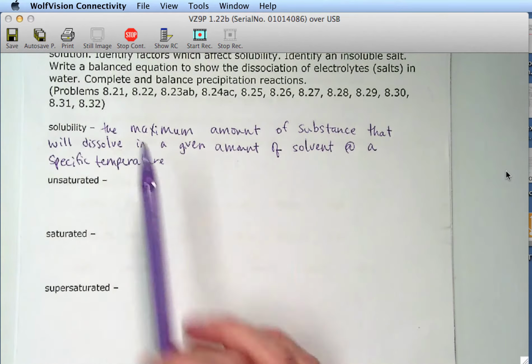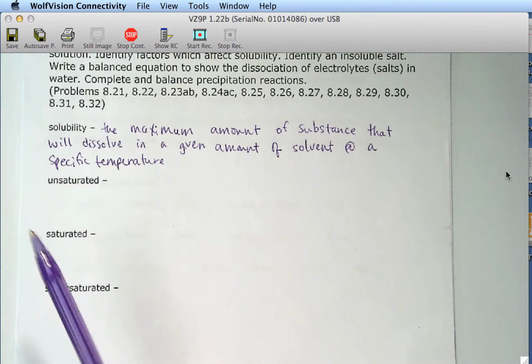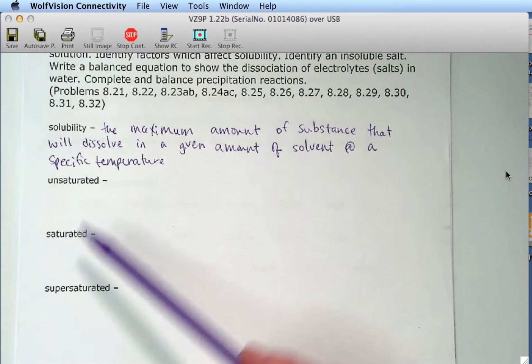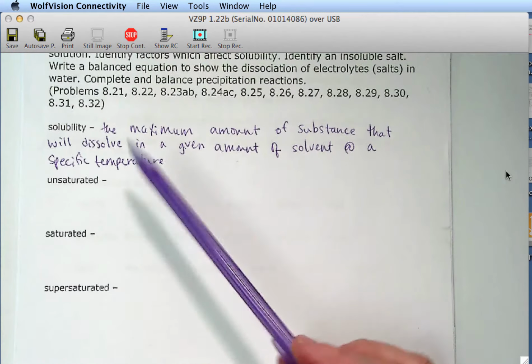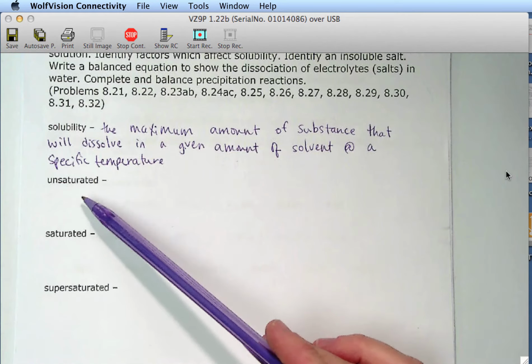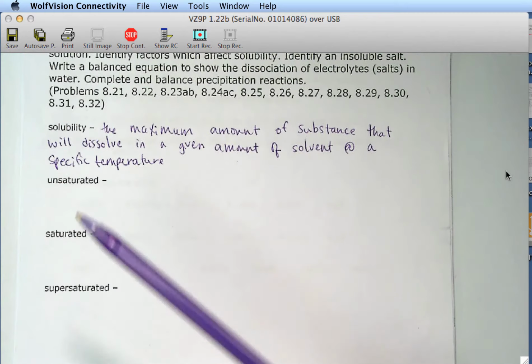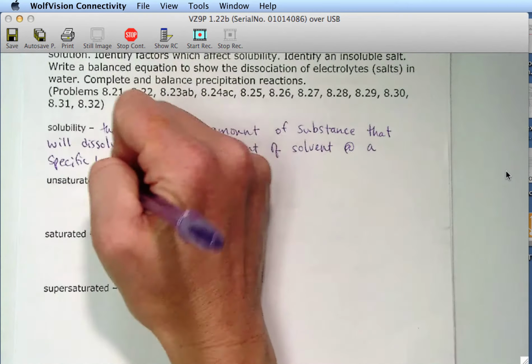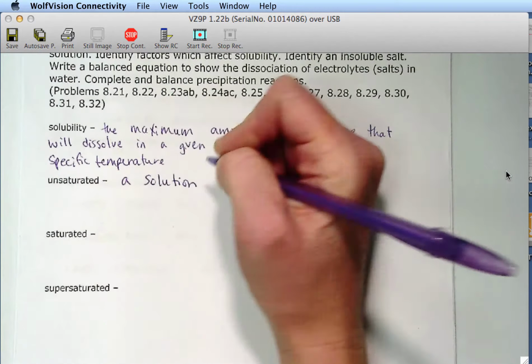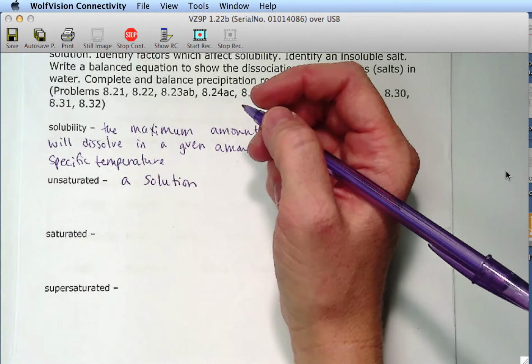So I'm going to give you some terms related to solutions. These next three terms are usually used to describe solutions. So you say an unsaturated solution. What is an unsaturated solution? This is a solution which can dissolve more solute.